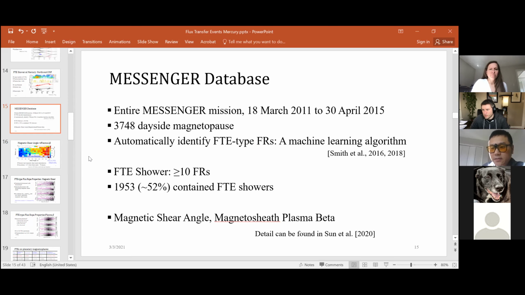Yeah, and the identification was based on the properties of the flux ropes. You need to require the magnetic rotation angle in the hodogram. You feed them with an elliptical fit, and the angle should be larger than 180 degrees and something like that.